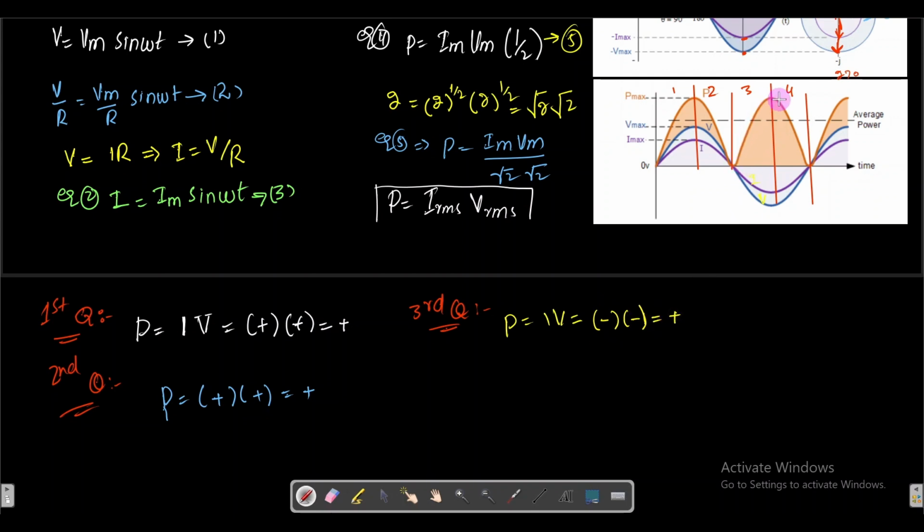So the graph of the power is positive, and the amplitude of the power is increasing, because it is the multiplication of voltage and current.